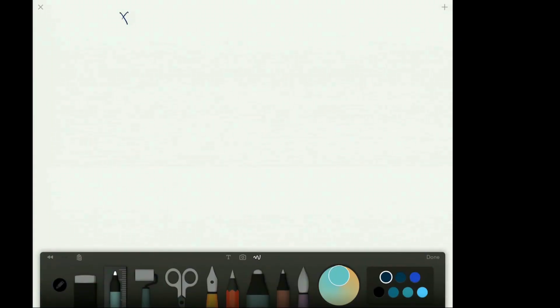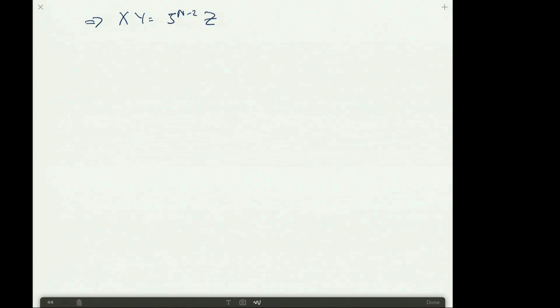So in fact, we can simplify the equation, so xy is equal to zeta to the n minus 2 times z, and now consider the space and ask, is this now smooth? And that'll depend on n.